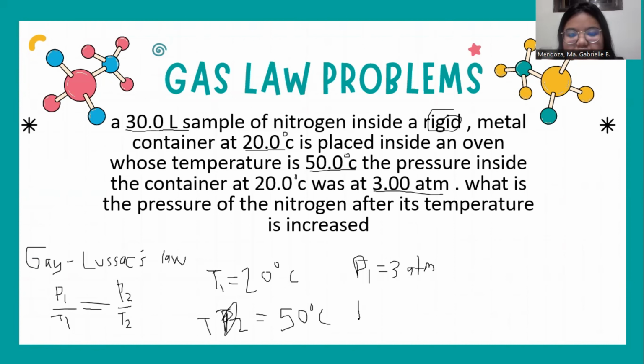Then our P2 is our unknown. Why? Kasi makikita natin dun sa problem na what is the pressure of the nitrogen after its temperature is increased. So therefore, that's our P2.